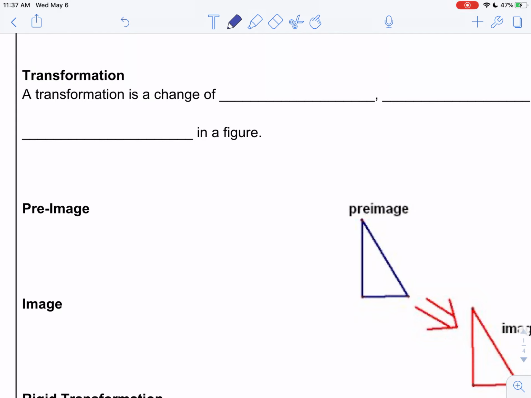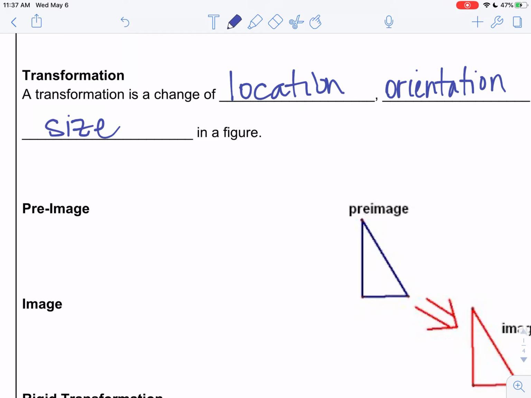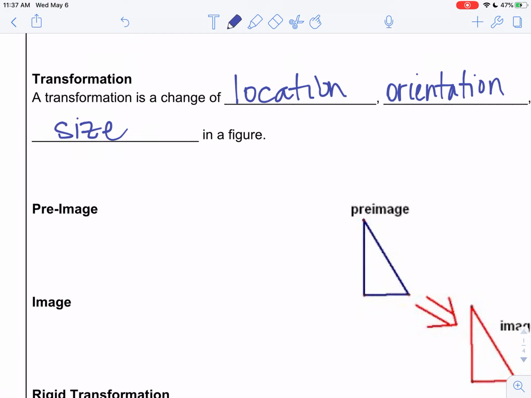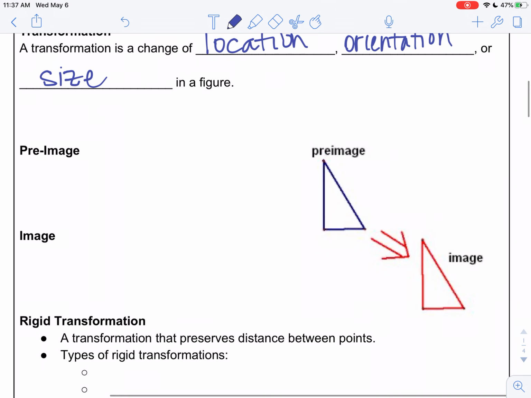So what you need to keep in mind is that a transformation is when we take a figure and we change its location, its orientation, or the size of a figure. Okay, and we have some different terms that we're going to deal with, pre-image and the image.